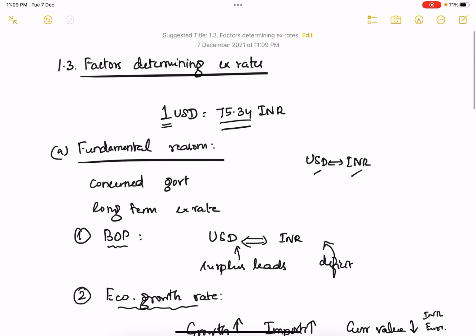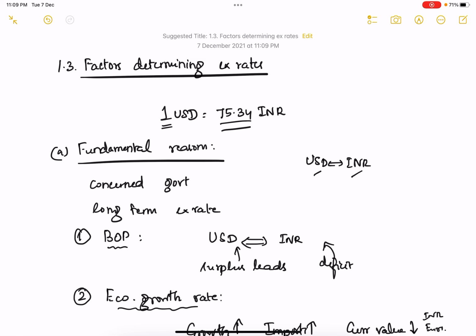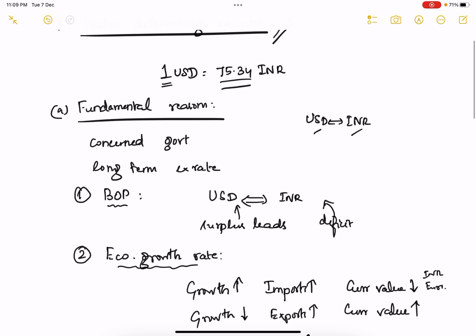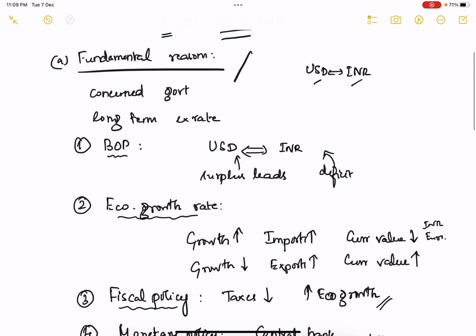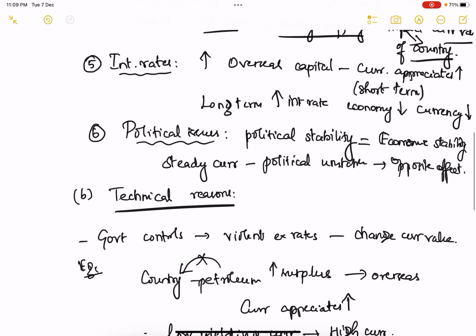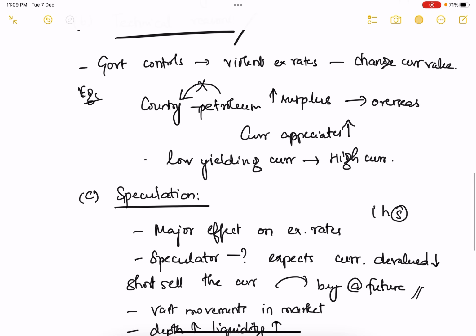So these are the various reasons which determine the exchange rates. We'll just have a quick overview of what we have seen today. We have seen factors determining exchange rates. We learnt the definition of exchange rate, and there are three reasons: one is fundamental reason, the second is technical reason, and the third is speculation.